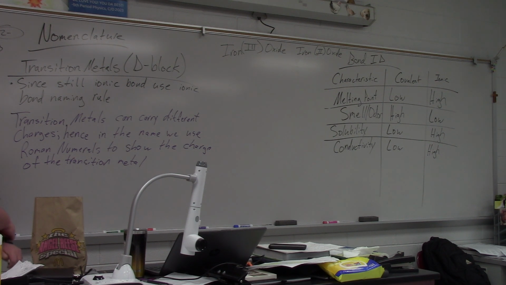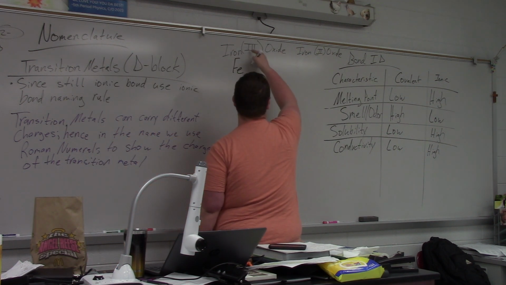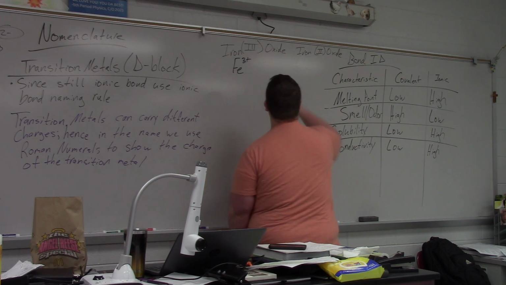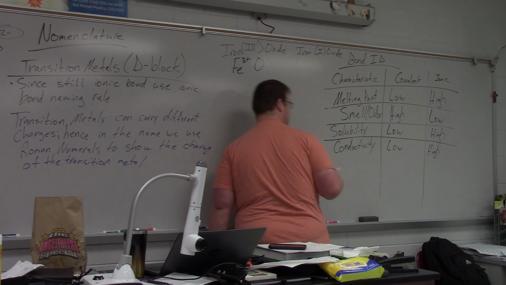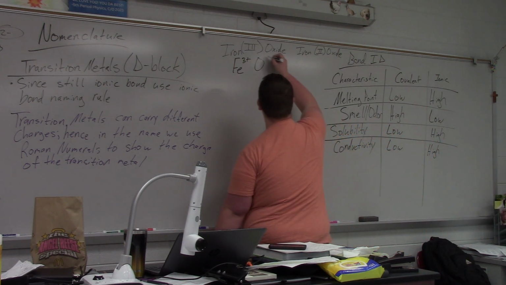What you do in this case is the Roman numeral tells you the charge on the iron. So I have Fe, what's the charge? It's a 3 plus. Oxide, O, what's the charge on the oxide? Negative 2.